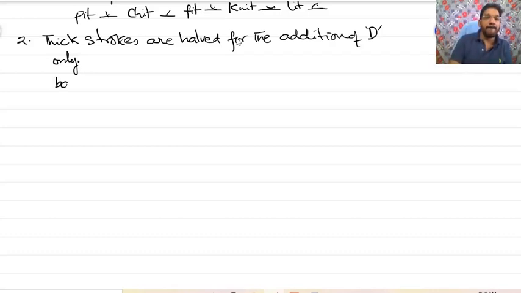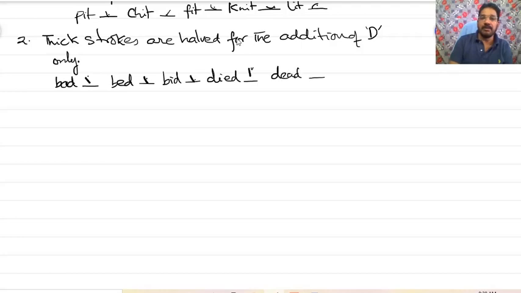Bad, B halved, light dot. Bed, B halved, light dot. Now third place also I can write. Bid, B halved, third place. Died, D halved, I diphthong. Dead, D halved on the line. Did, D halved, third place vowel.